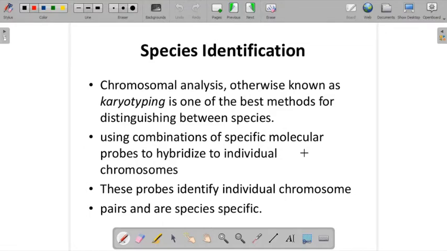Using a combination of specific molecular probes to hybridize to individual chromosomes, karyotyping gives us the best result for species level identification. Now you might ask why we need to identify species. Once we establish a primary cell culture from a tissue sample of an organism, we almost know which species we took the material from.